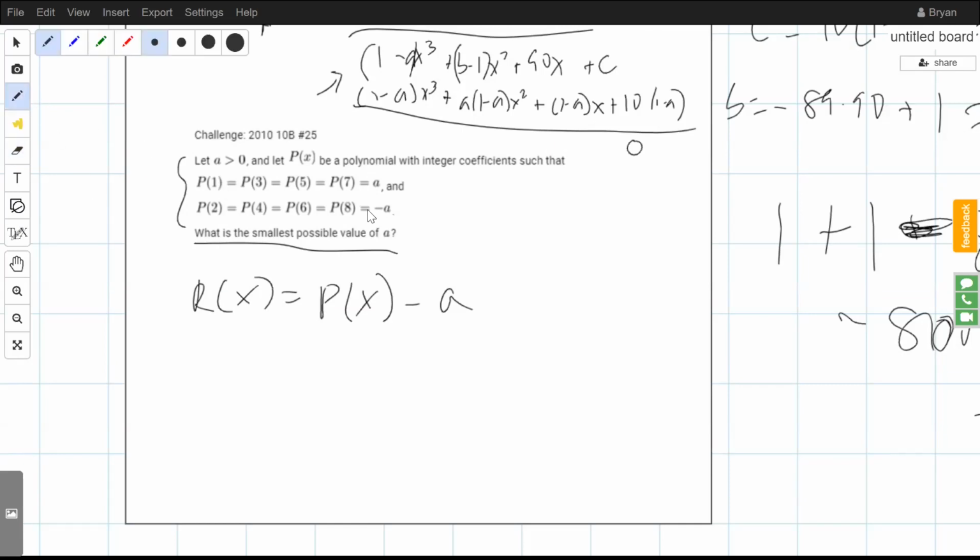And once you know that, and the fact that p of x has integer coefficients, how can we use these two pieces of information to determine what a must be, what cool things a must satisfy? That's my hint.